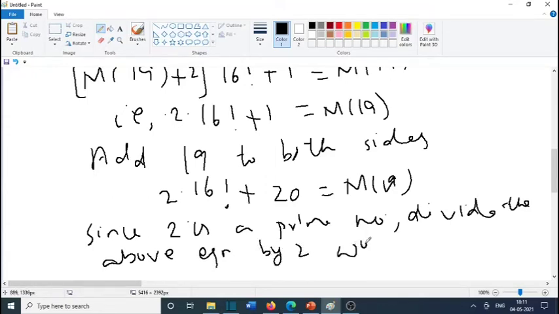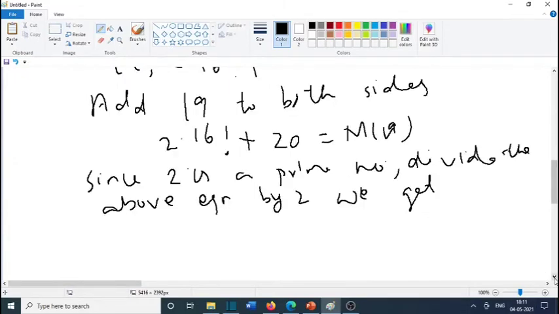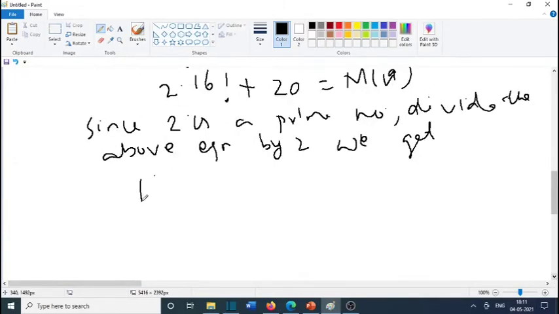We get 2 into 16 factorial by 2 is 16 factorial, 20 by 2 is 10, a multiple of 19 by 2 is again a multiple of 19.